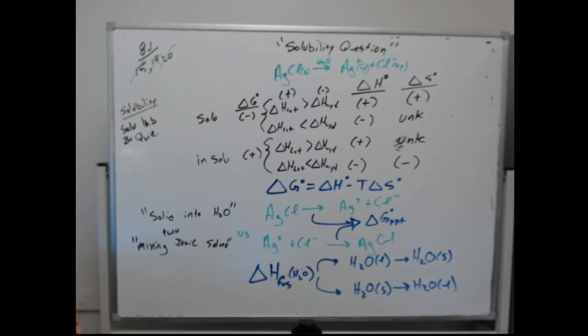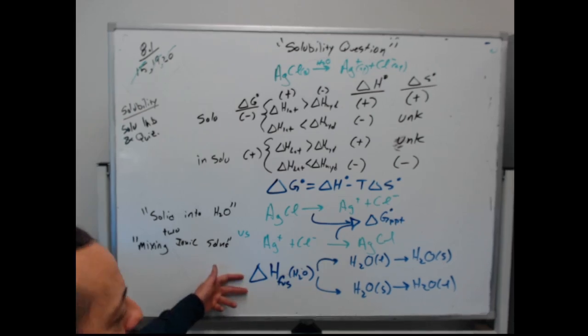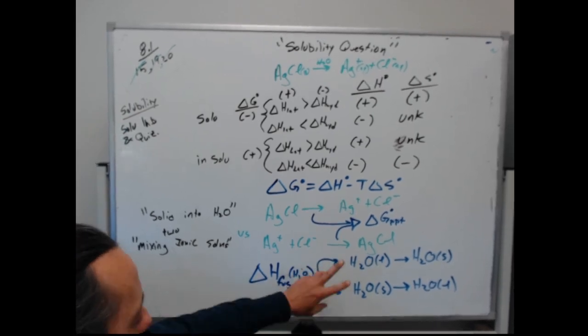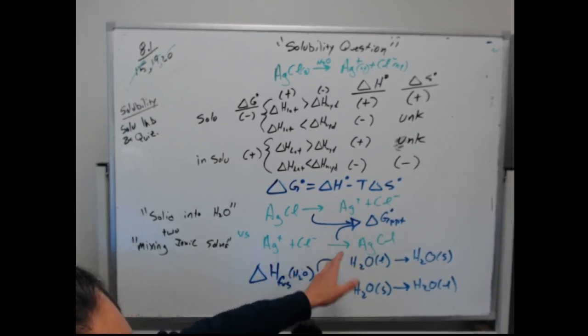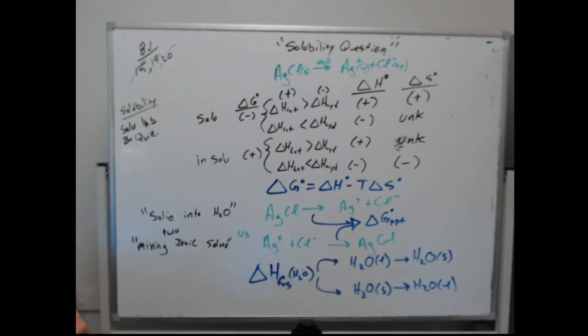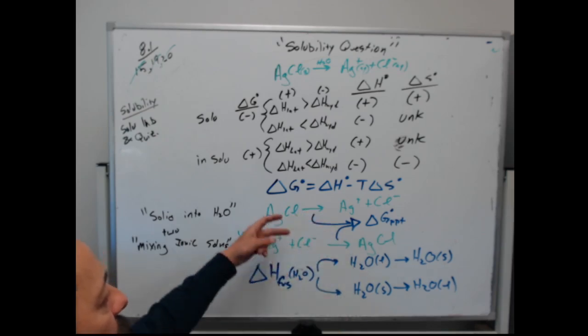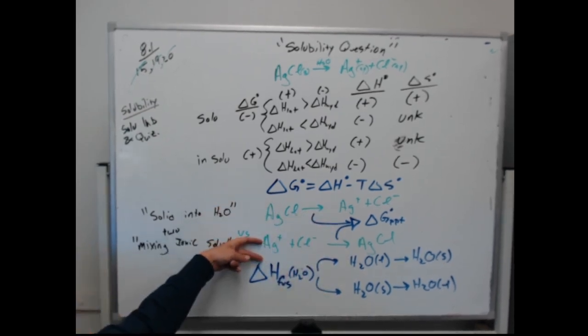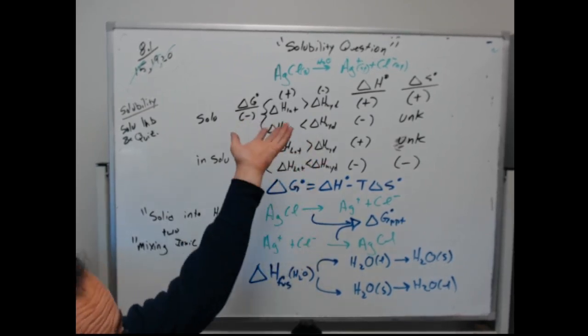If I defined two different delta H's for this, I'd be doubling the number of constants in the book without giving any new information. So we just know that the fusion is specifically talking about one of these, and it's just a sign flip for talking about the other one. We do the delta H of fusion for freezing and the delta H of fusion for melting, and one of them is the positive number, one of them is the negative number. Same thing for the delta G of precipitate for the precipitate dissolving or the precipitate forming. It's just delta G, and we just change the sign of it.